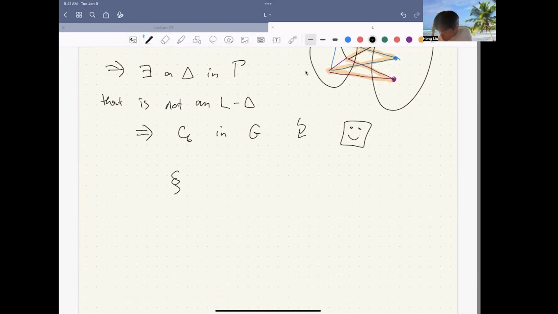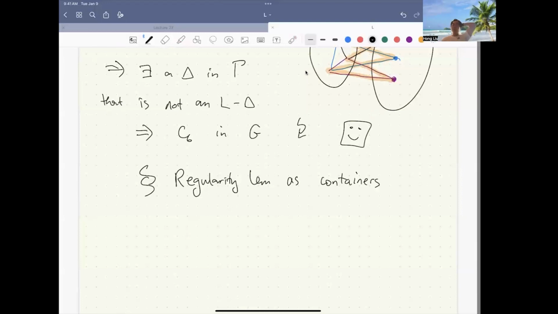So the next application: regularity lemma as containers. Okay. Let's see what order I want to explain this. Let me first explain the problem. Then it will make sense how I explain this container thing.